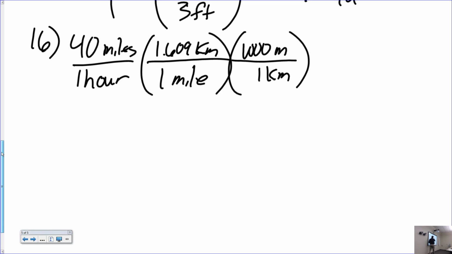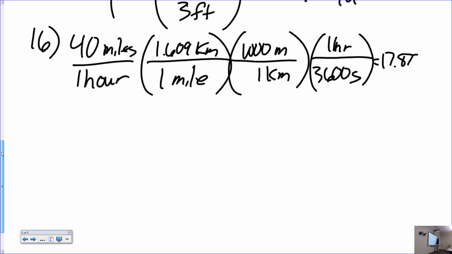And then last but not least, make sure you convert the hours to per seconds. In 1 hour, not 60 seconds, not 360 seconds, but 3,600 seconds. There are a couple of people that made a couple of boo-boos on that one, floating around. And when you do this, you get 17.877777777777. Lots of sevens.